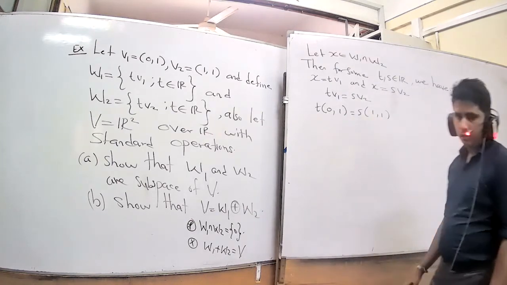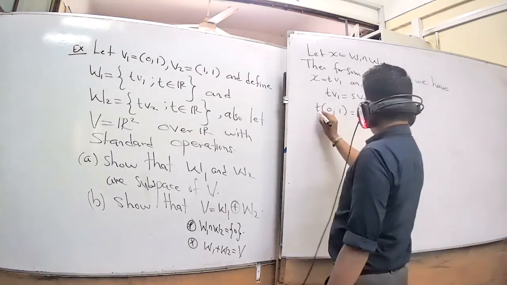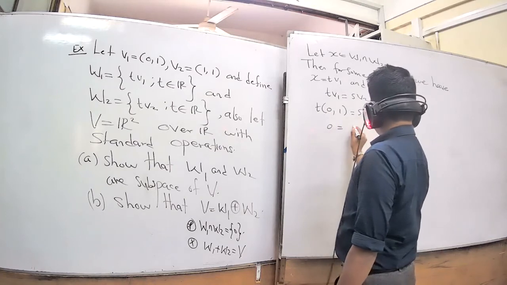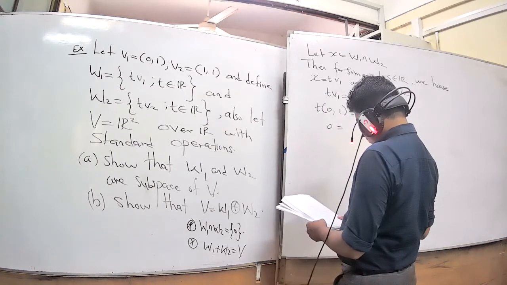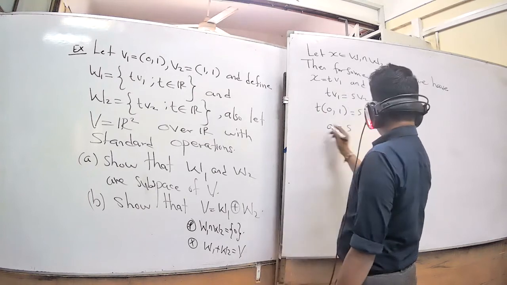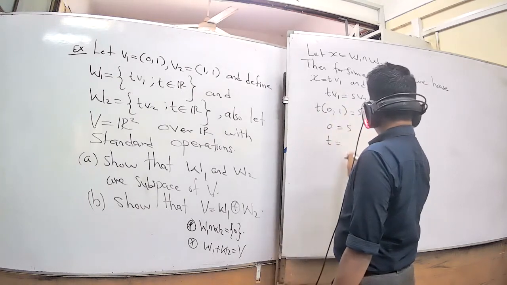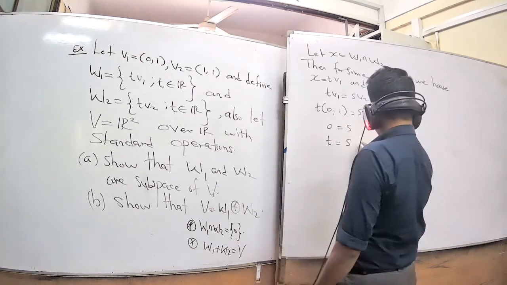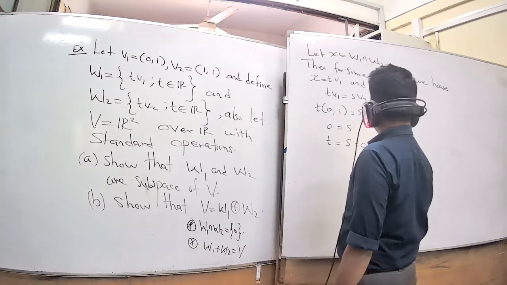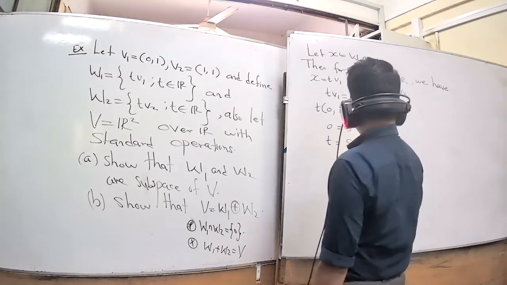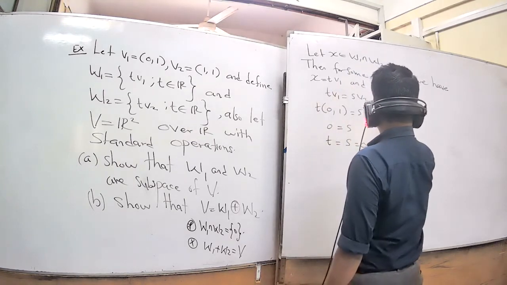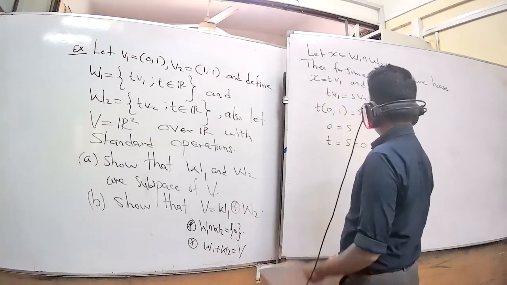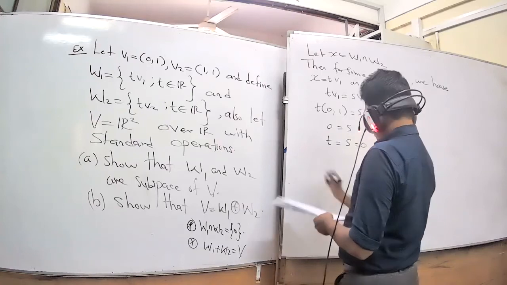Therefore, both being equal means the elements are equal coordinate-wise. First element is 0 here, s there. So s is 0. Second one is t here, s there. Therefore t equals s, but s is 0, therefore t is also 0. So t is 0 and s is 0. Therefore x equals 0.